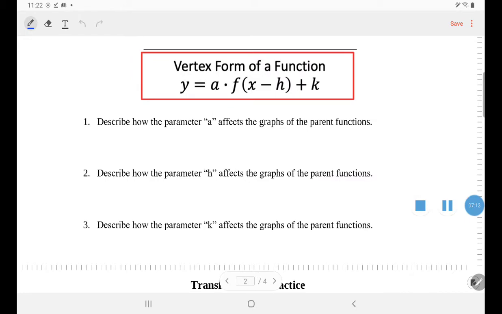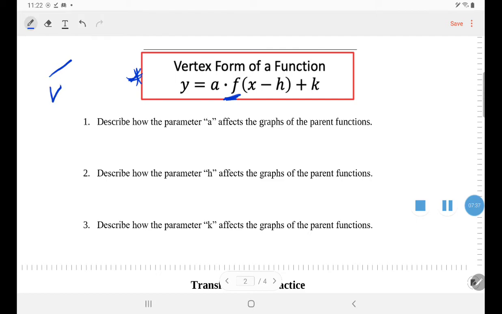Okay, so the next thing we're going to do is I want to talk about the vertex form, or you can call it the transformation form, if you will, of a function. That's y equals the parameter a times some function f of x minus h plus k. You say, well, what's f? Well, the f could be your linear function.